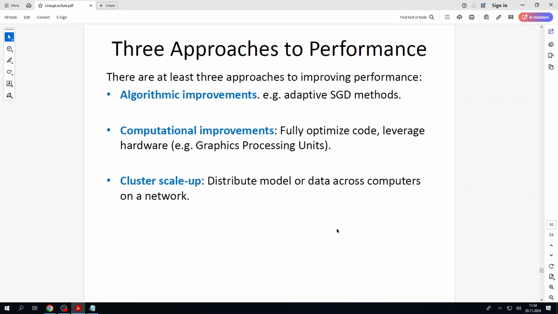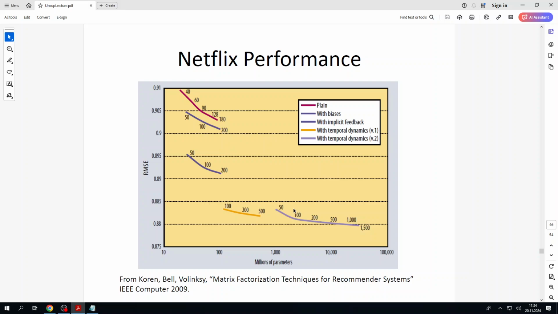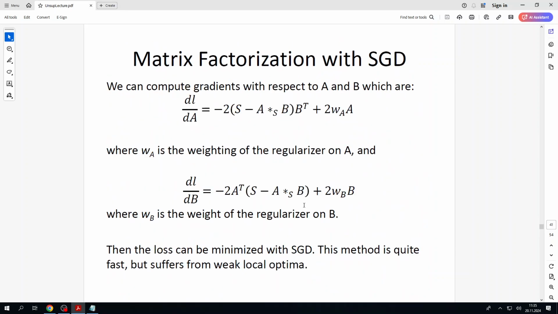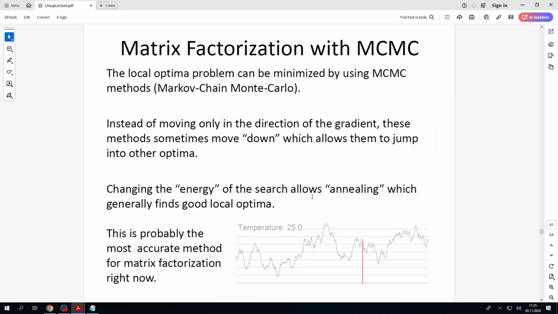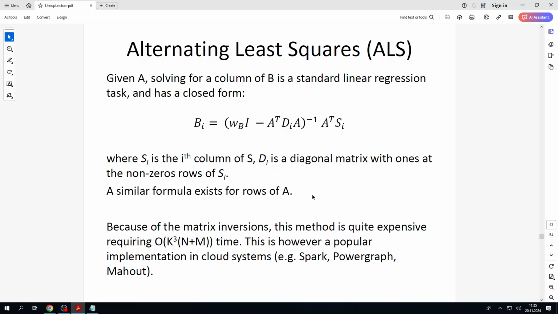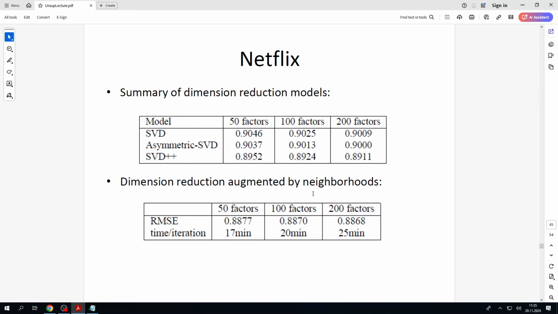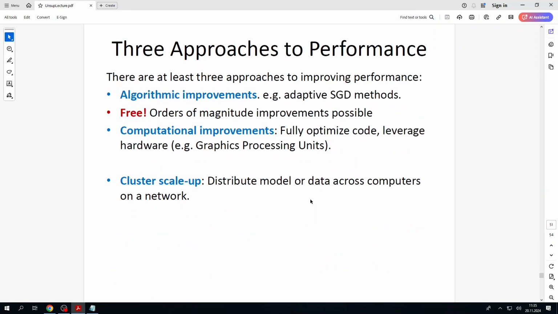Now, we can improve how fast our training and operation are by 3 different methods. First one, you can improve the algorithm itself. You can use more efficient algorithms, you can use a better stochastic gradient descent method instead of a regular gradient descent method, etc. Just like we discussed here about matrix factorizations, stochastic gradient, ALS, and others as well, so you choose whichever is better.